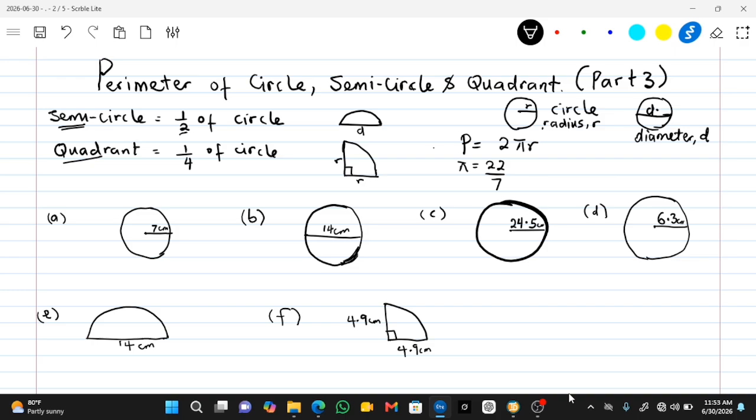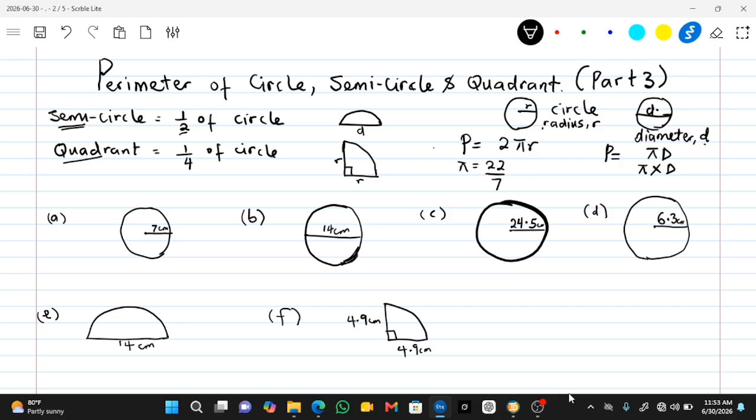When we are given the diameter, we just say pi d, meaning pi times d.